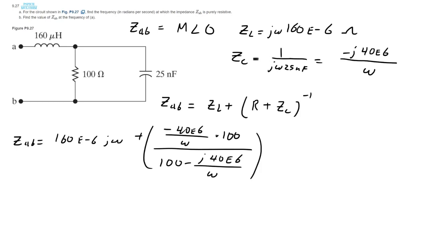So I'm going to multiply everything here by omega to simplify. And it's going to make ZAB is 160 J omega plus minus 40 times 100.